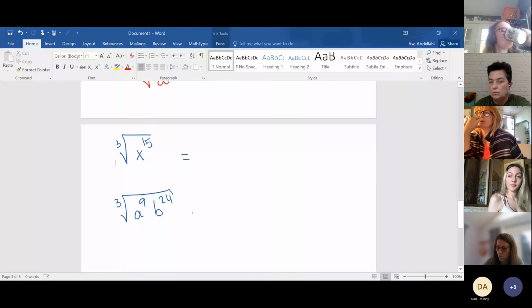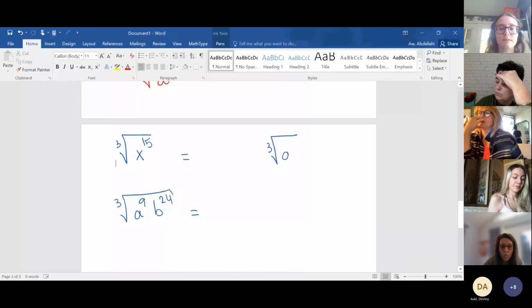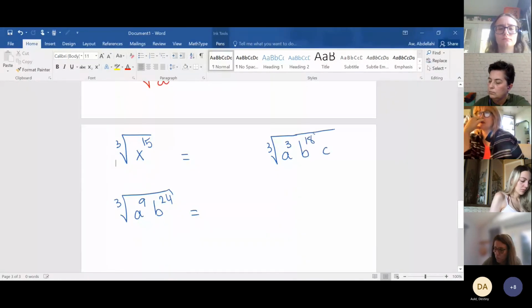What is cube root of a cubed b to the 6 c to the 30? Okay, go ahead, everybody.